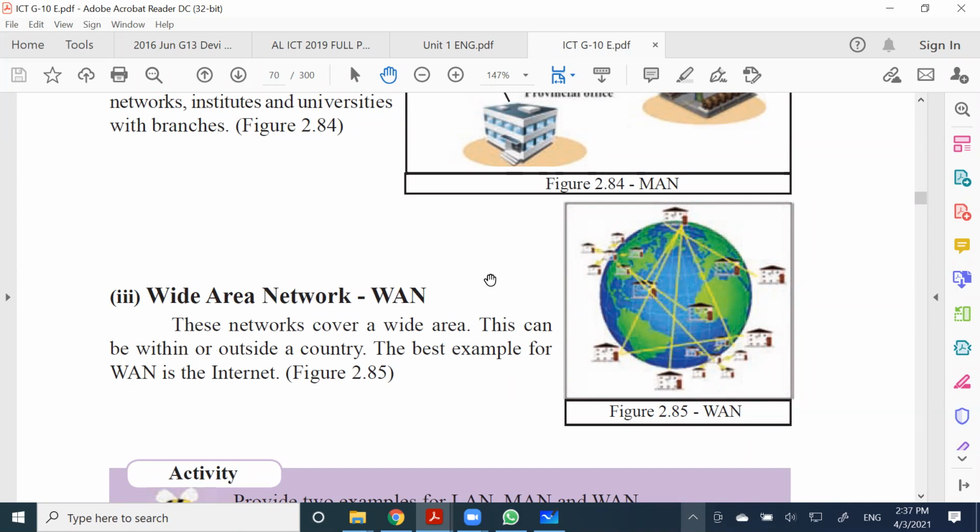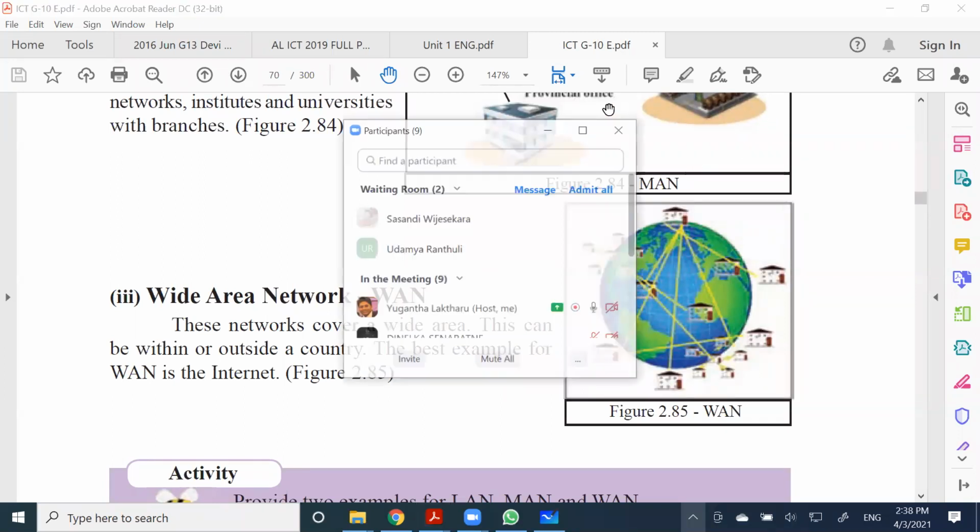A network spreading across several countries can also be called a wide area network, because that is a very huge geographical space. Remember, the biggest one is the wide area network, the smallest one is the local area network, and in between you find the metropolitan area network.